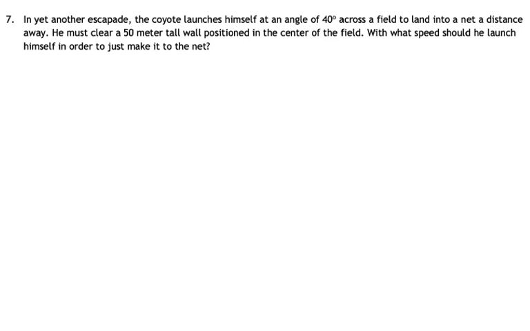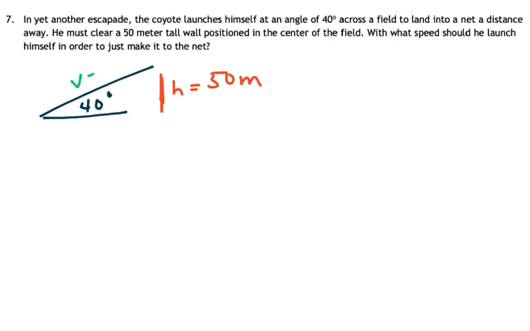So the next one is another one about the coyote. 40 degrees, and you must clear a 50-meter high wall, and it wants to know what your initial total velocity is.